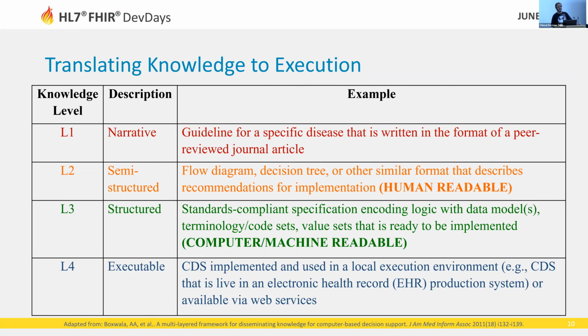It typically requires a human to interpret it. You might see things like a peer-reviewed journal article. Most guidelines today are at least at this level. L2 is semi-structured, where you start to get into flow diagrams and decision trees, so things that aren't quite computable yet, but they're providing more structured information.